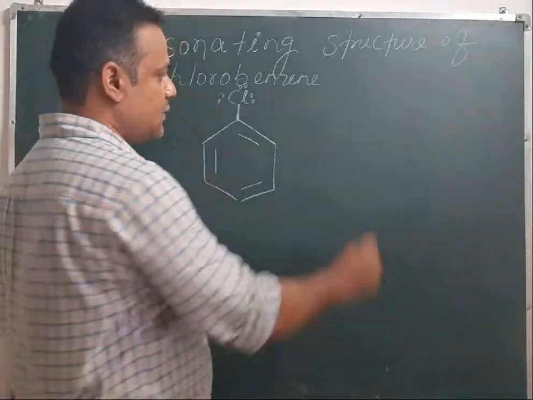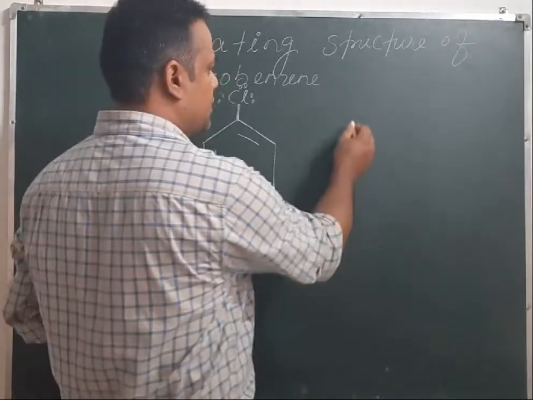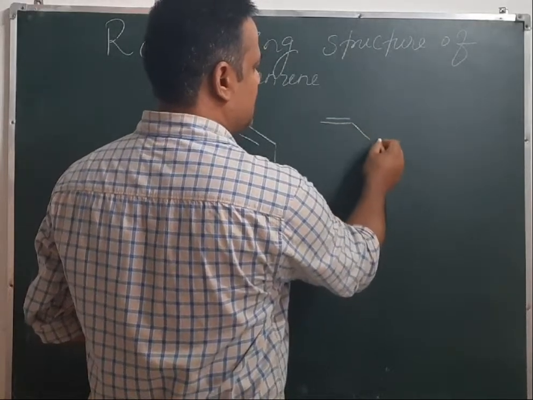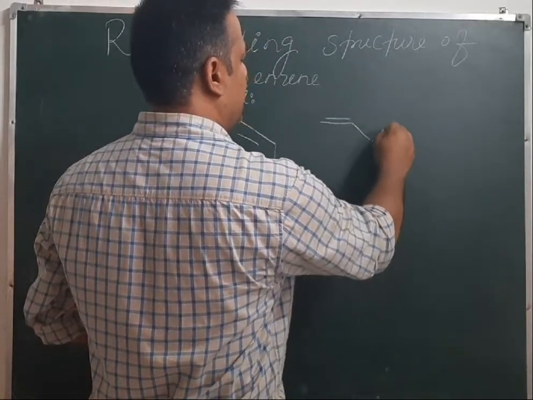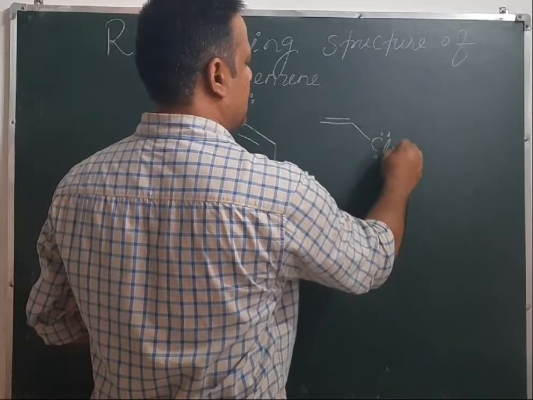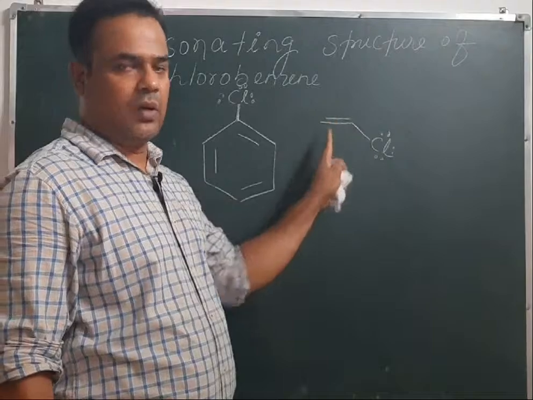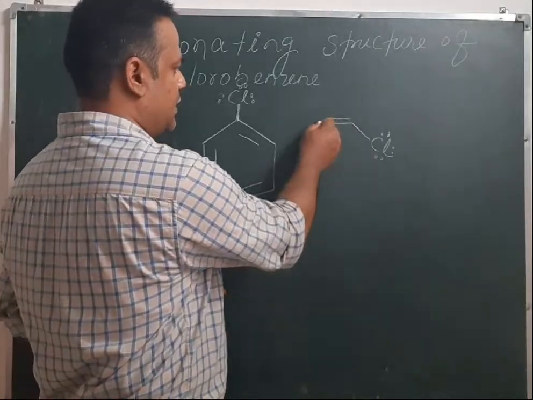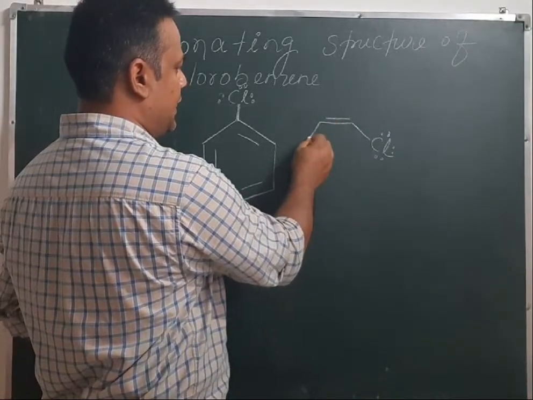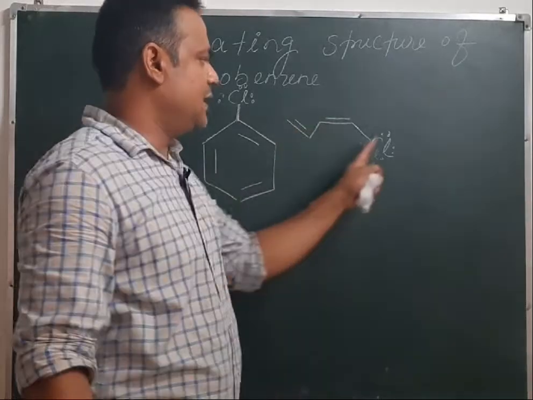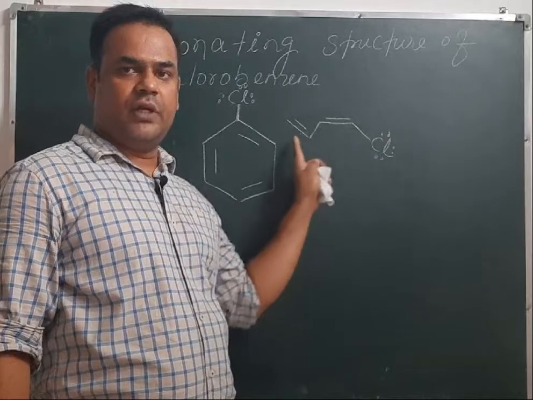Means if any such condition is there: a double bond, then a single bond, and then you can see that here the lone pair is in conjugation with this double bond. Again, if we say here a single bond and then a double bond, then here the lone pair is in conjugation with the double bond.